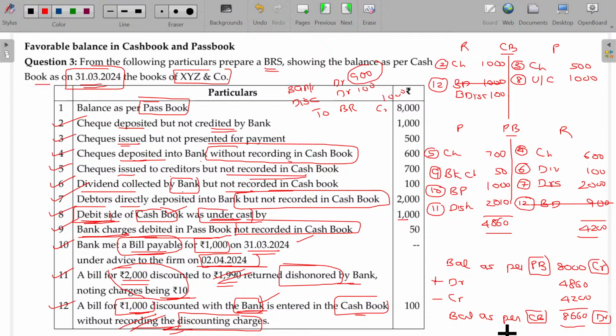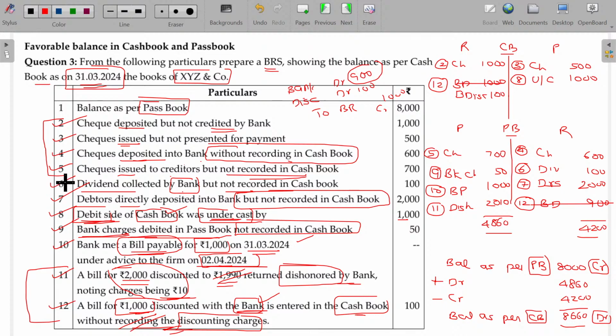This question number 3 is one of the interesting illustrations because of these two reasons. The rest of the other things we already studied. What are the reasons? The first 4 items are related to cheques. In one case, the cheque is shown only on the debit side of the cash book, another on the credit side of the cash book. In the other case, the debit side of the passbook and the credit side of the passbook. So 4 adjustments were given in the very first.